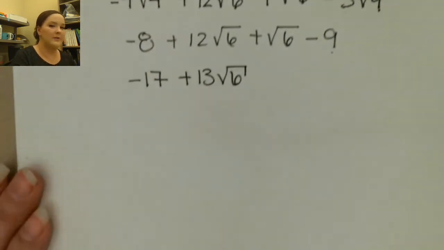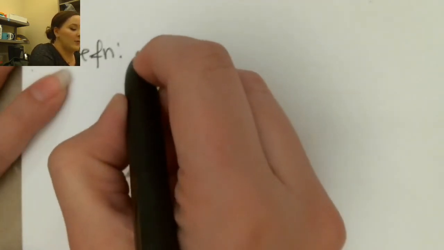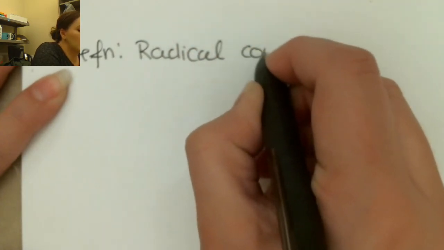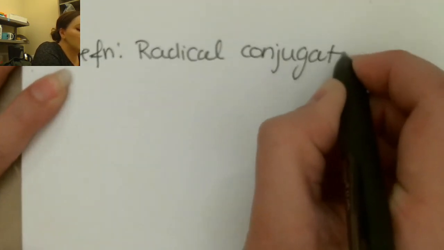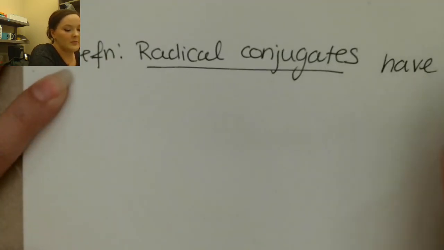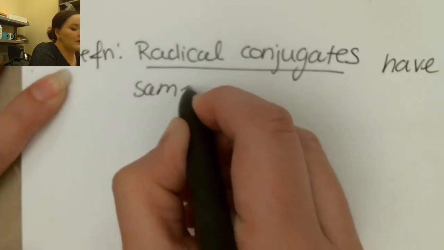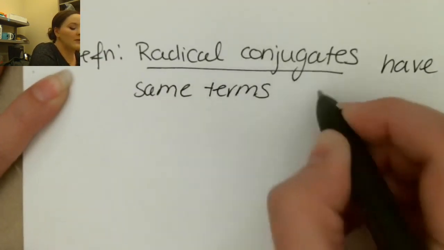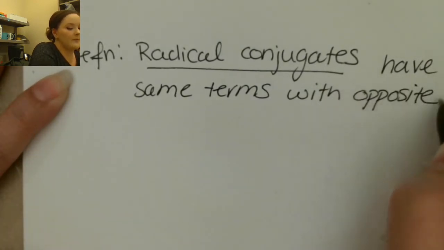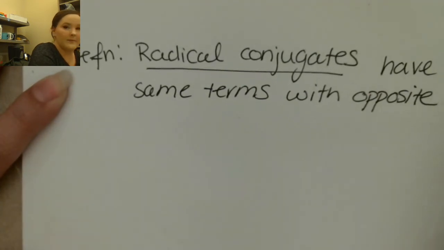Before we talk about division, let's talk a little bit about the technique that we use to divide. We talked about this before in class: radical conjugates. Radical conjugates, remember, have the same terms with opposite sign between.